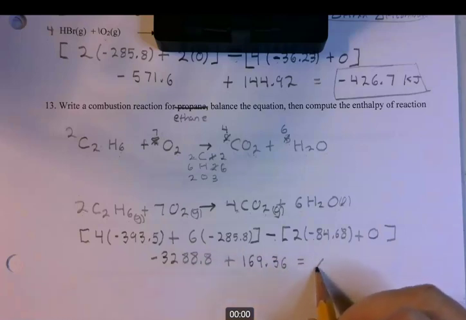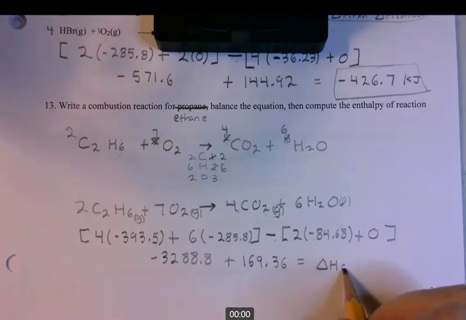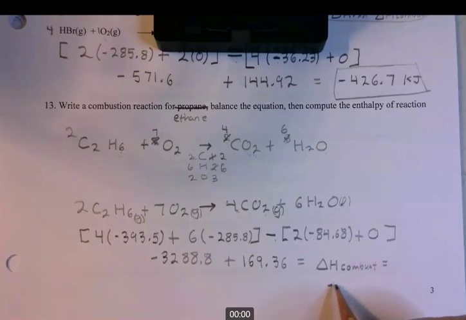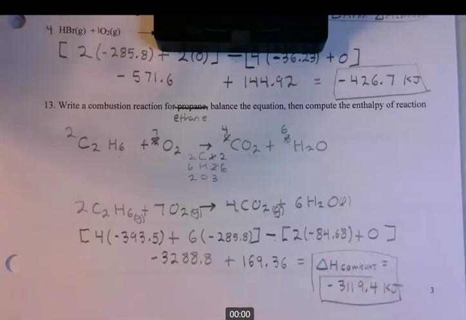So that's going to give us a delta H, and you can either write of reaction or of combustion, because it is a combustion reaction, of negative 3119.4 kilojoules. Should put the box all the way around that whole thing there, okay? And that is our answer.